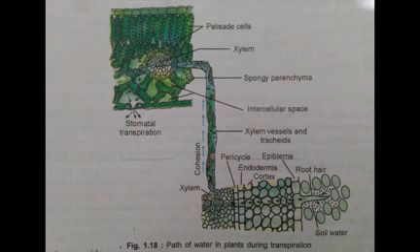For example, during spring season, sugar stored in root or stem tissue would be translocated to buds which need energy to grow. So this is about transport in plants.